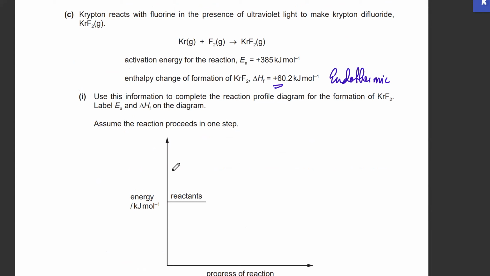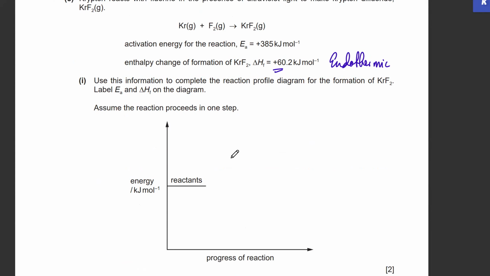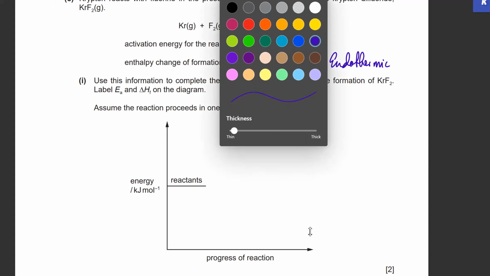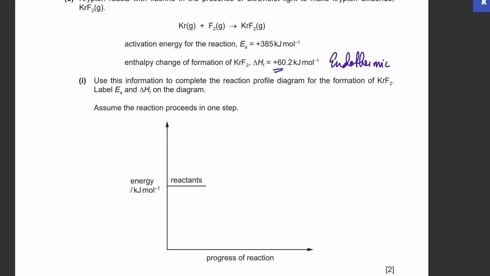So if I sketch the energy profile diagram, would the products be higher or lower for an endothermic reaction? Where would the products end up, higher or lower? Products will end up higher, because it's an endothermic reaction.